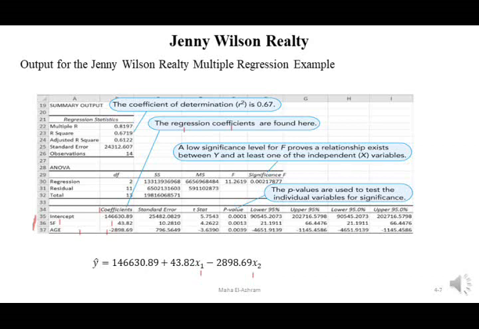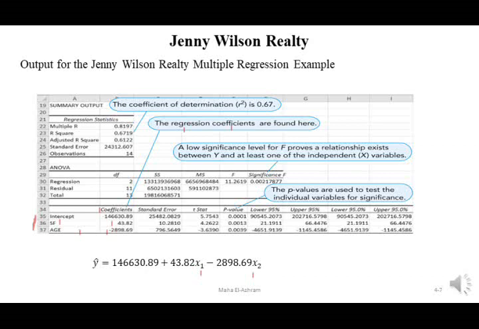Now, how are we going to compose this equation? Here it is. Y hat is equal to, first thing, the intercept. So what is the intercept? It is this value.